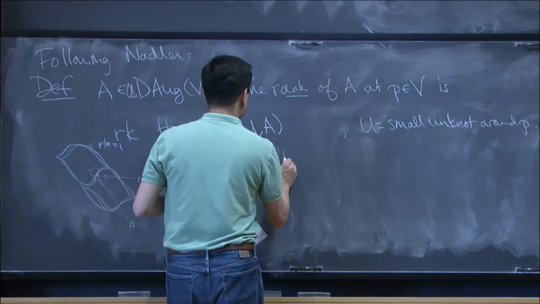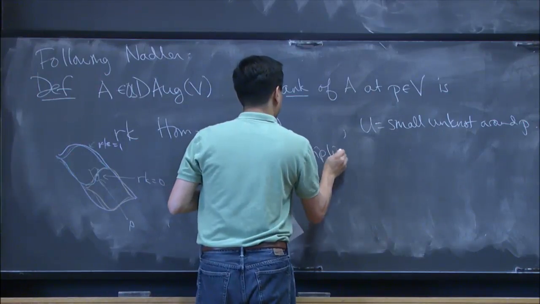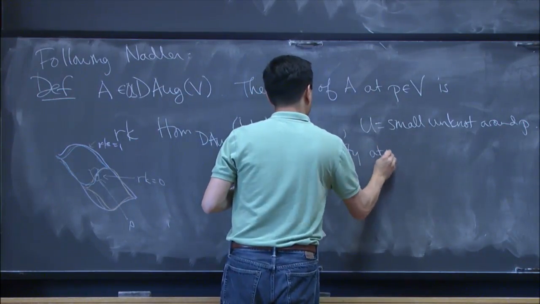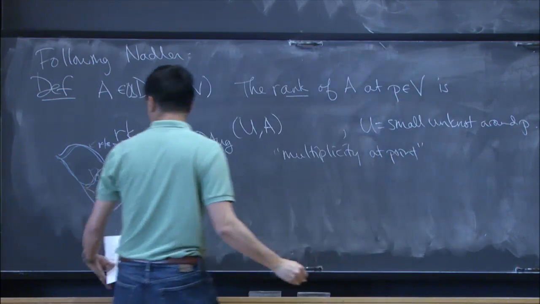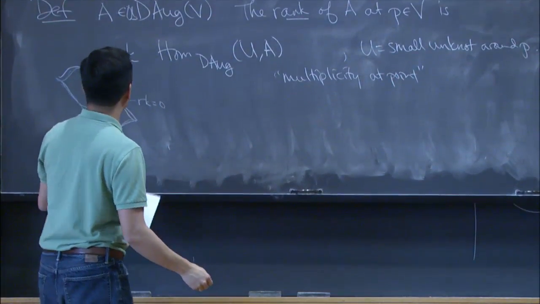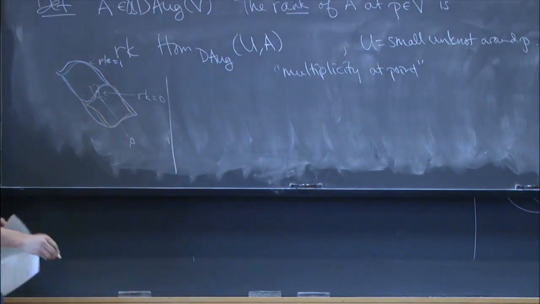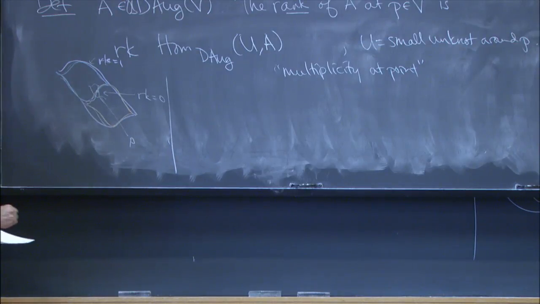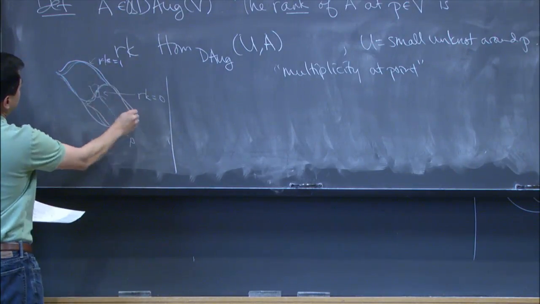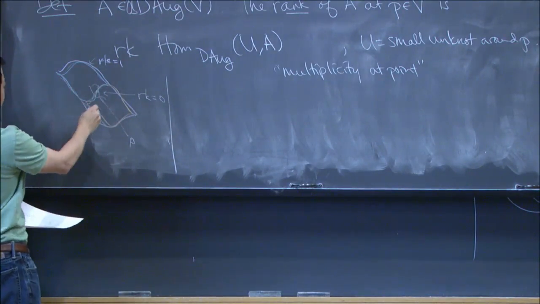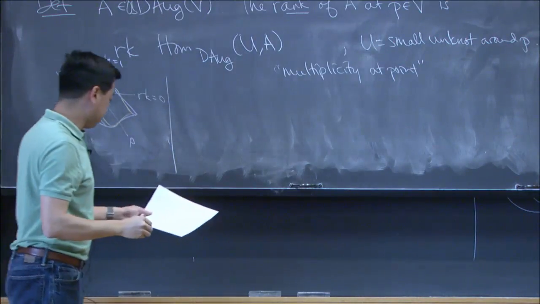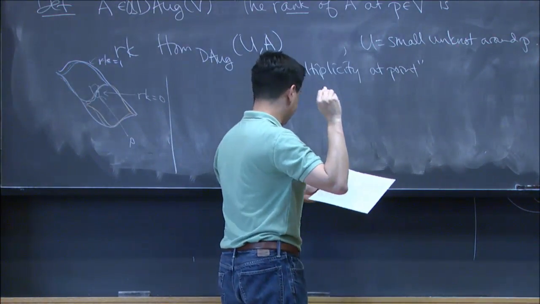Think of this as multiplicity at a point. It's surprisingly hard to calculate, or at least for me to get an intuitive sense for how to calculate this. But in this particular case, the rank is 1 along here. The rank is 0 everywhere else, including along there. So here's the definition.